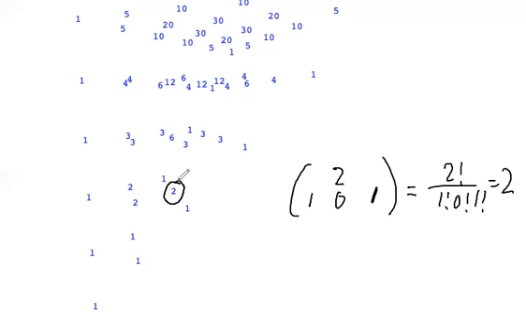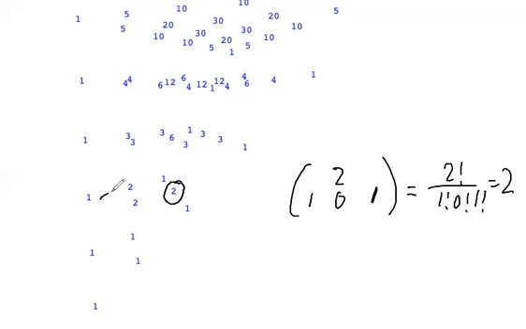The x coordinate is 1, the y coordinate is 0, so 1, 0, and then a 1, because this has to add up to 2. So this is 2, choose 1, 0, 1. And you could even check this computationally. This is 2 factorial divided by 1 factorial, 0 factorial, 1 factorial, and you really do get 2.